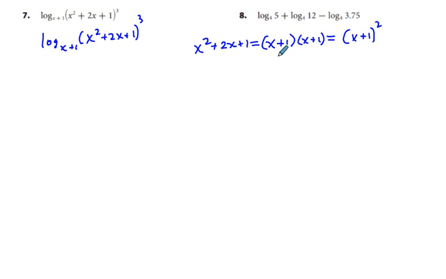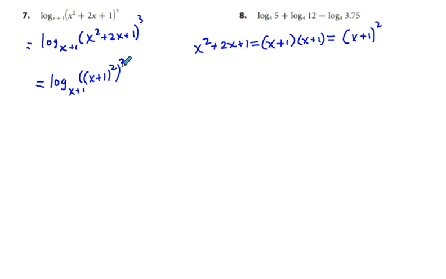Now, where did I get the idea for this? In part, I got the idea because I saw this base of a logarithm, and so it would really be convenient if this happened to be some kind of power of x plus 1. So I'm going to rewrite this here as log base x plus 1 of, I'm going to put x plus 1 squared, and then we raise that to the power of 3.